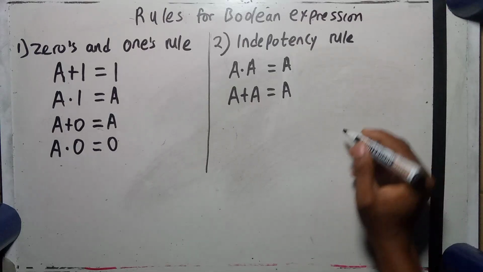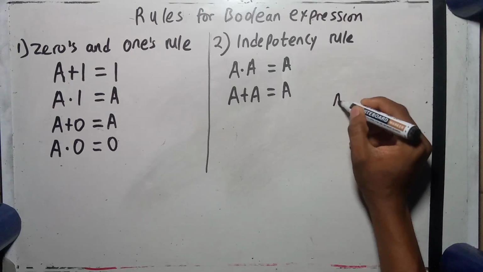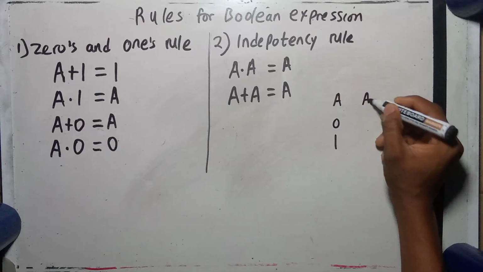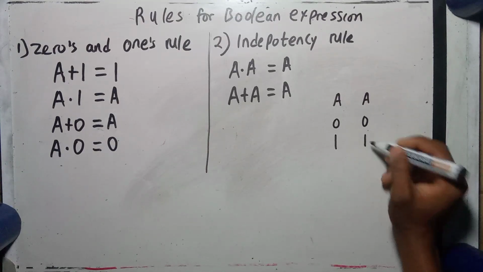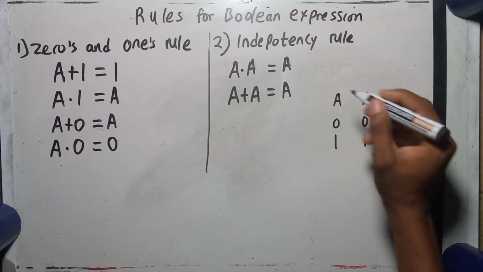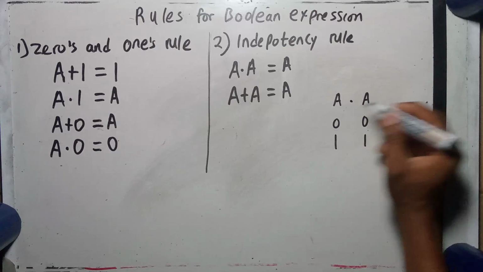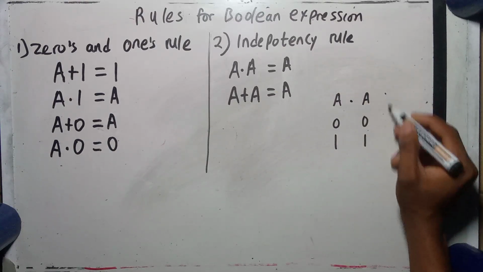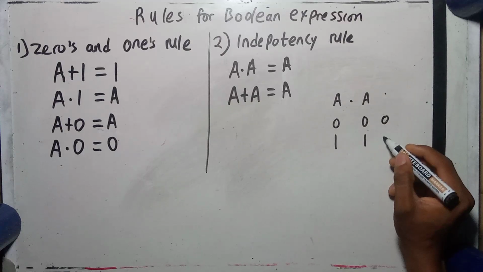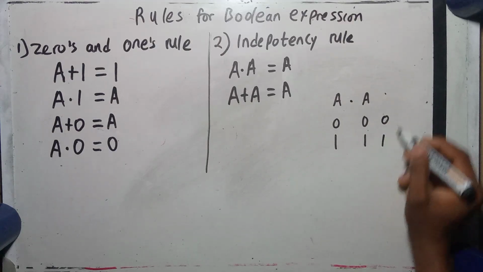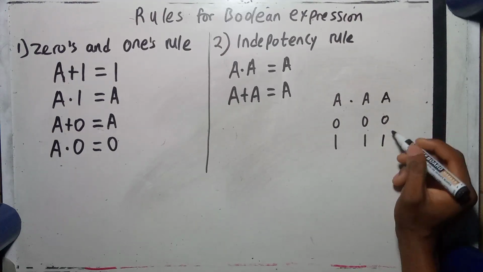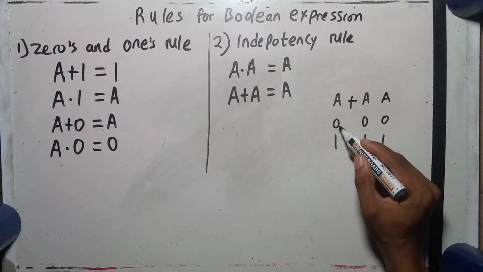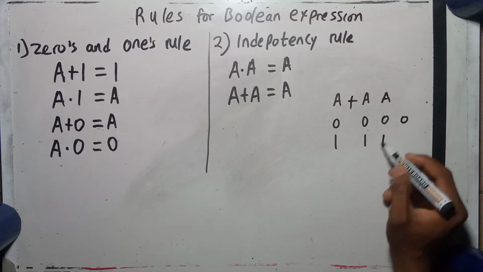To prove this, we have our A to be 0 and 1. Our A again, 0 and 1. When we are multiplying the two of them together, we have 0 times 0, 0, 1 times 1, 1, which is still the value of A. When we are now adding the two of them together, we have 0 plus 0, which is still 0.